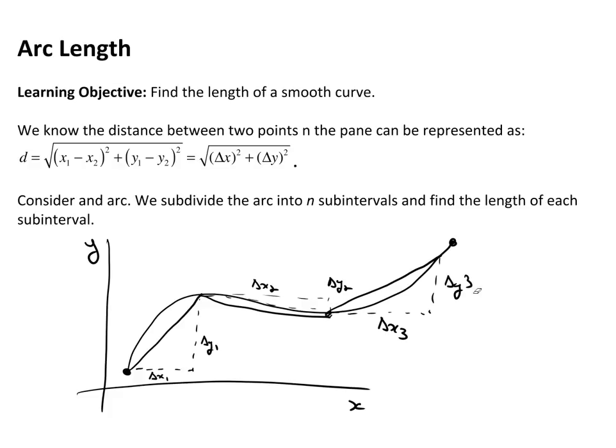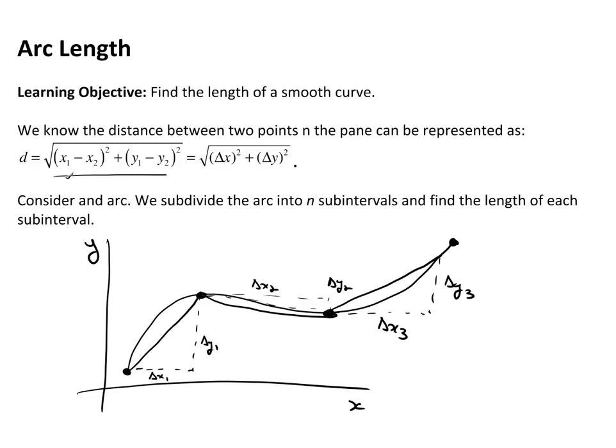Now, I could actually calculate the distance between this point and this point with the distance formula, this point and this point with the distance formula, and finally this point and this point with the distance formula. Add them up, and it's going to give me an approximation for what this curve length actually is. Each piece would be based on, well, this would be like the first piece.